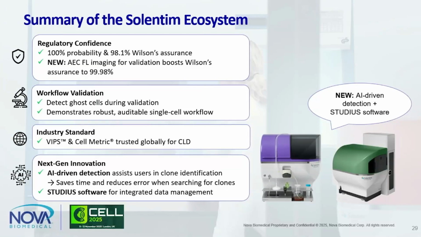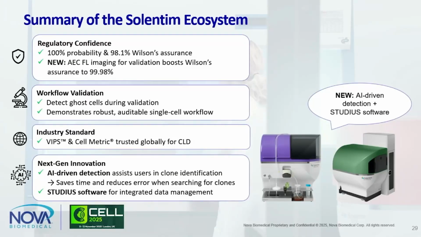To summarize, this is the Solentum ecosystem in a nutshell. We deliver regulatory confidence with 100% monoclonality probability, and the 98.1% Wilson's assurance is boosted to 99.98% with the fluorescent imaging for workflow validation.